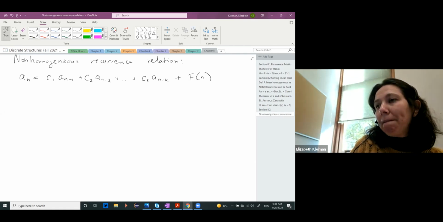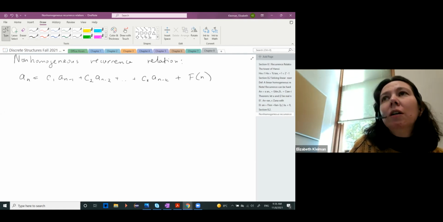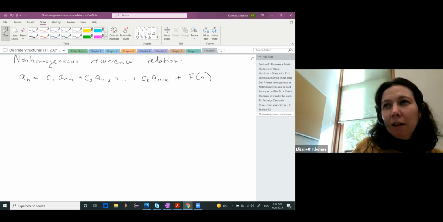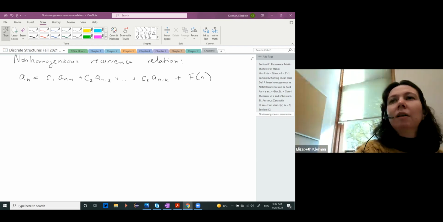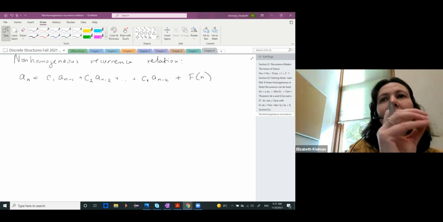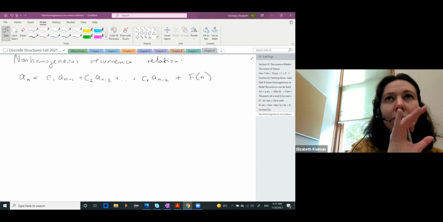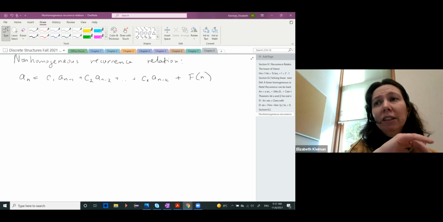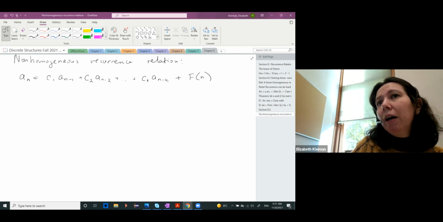So the question is how you are going to solve something like this. In order to solve something like this, you have 2 steps. The first step is you're going to solve it as a traditional homogeneous recurrence relation.